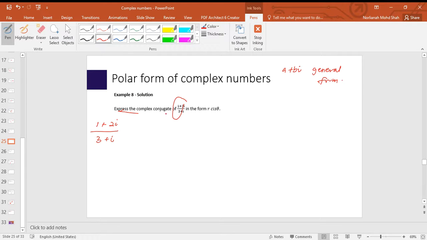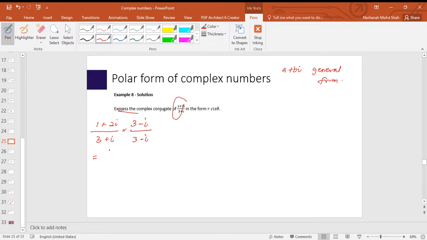The complex conjugate is 3 minus i. So we need to multiply the numerator and denominator by 3 minus i.